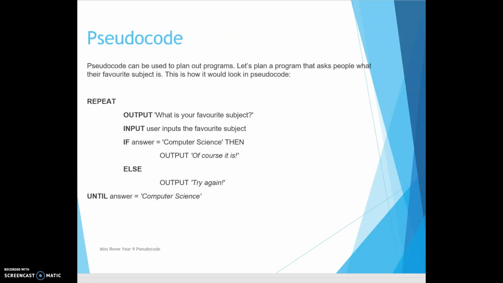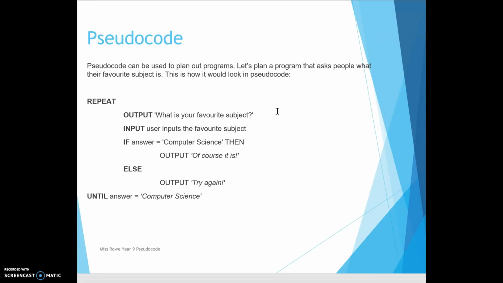Pseudocode can be used to plan out programs. Let's plan a program. We're going to ask what the favourite subject is. This is how it'd look. If you think back to the flowcharts, you might ask what, start, and then, say you speak to a friend, and then you can put what is your favourite subject, input, user inputs the favourite subject. We'll say maths.